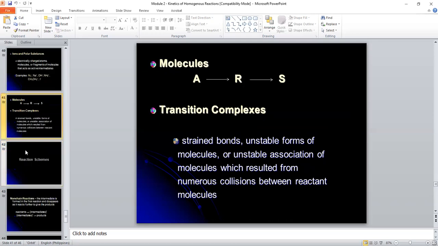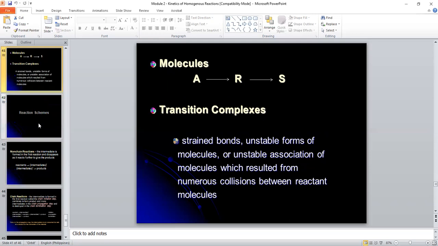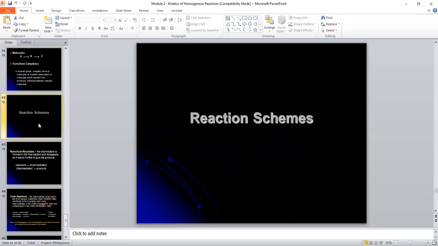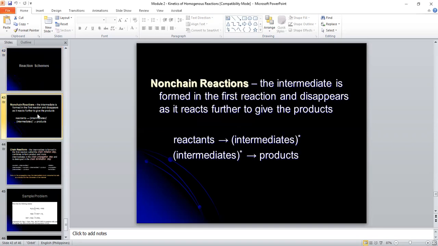Now let's go to the schemes of the reaction mechanism. There are actually two schemes in which your final product is formed from the intermediates, which were also formed initially from the reacting species. So let's look into these reaction schemes. First, we have the non-chain reaction. For these non-chain reactions, the intermediate is formed in the first reaction and disappears as it reacts further to give the products.